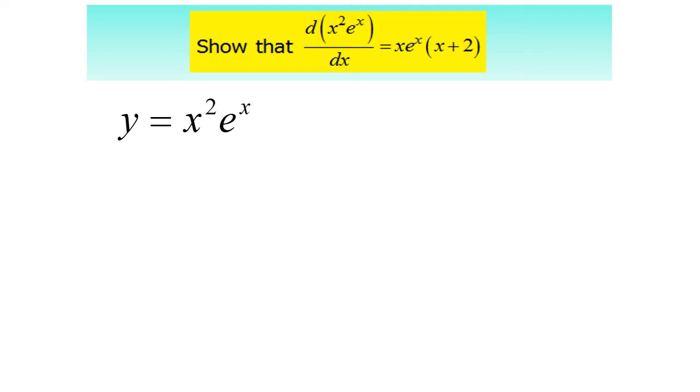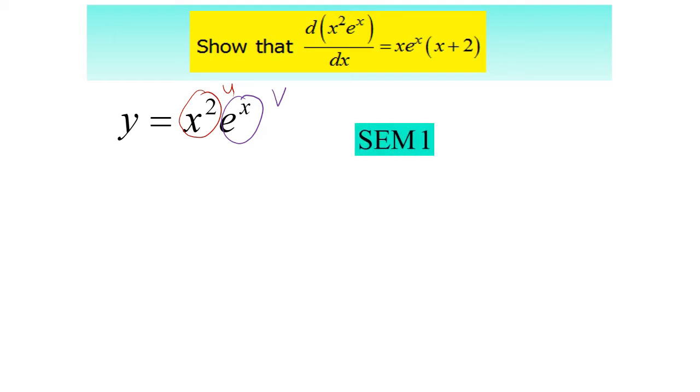So this is the product between x squared times e^x, where we assume that x squared is our u, and e^x is our v.